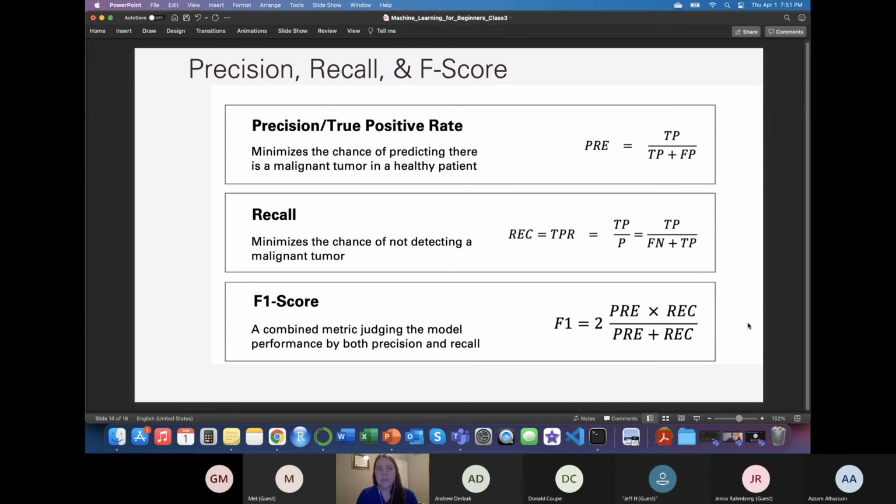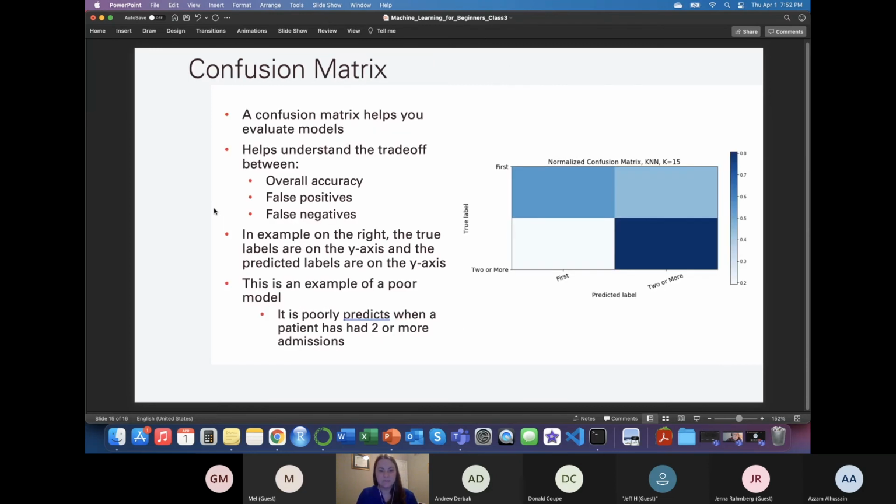That's when you would not want to use accuracy, and you might want to use something else for another use case. For something where you really had to get it right, like healthcare, you might want to look more at recall than at accuracy. It depends on your business use case.